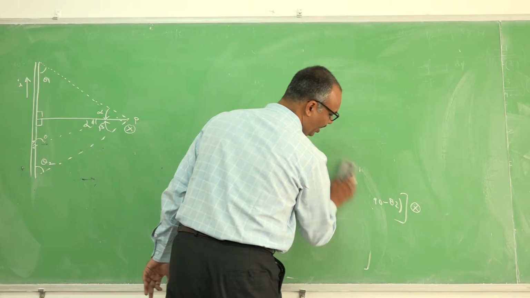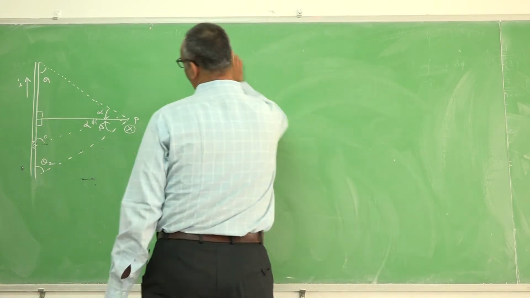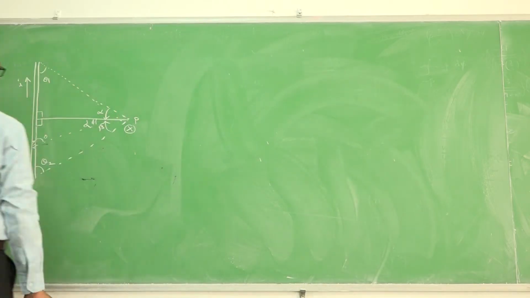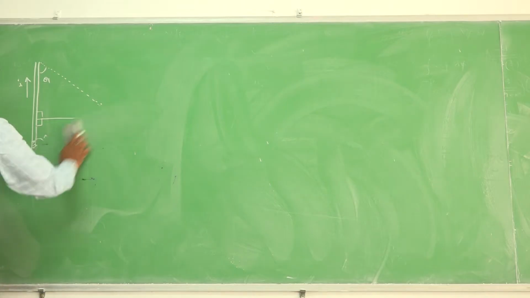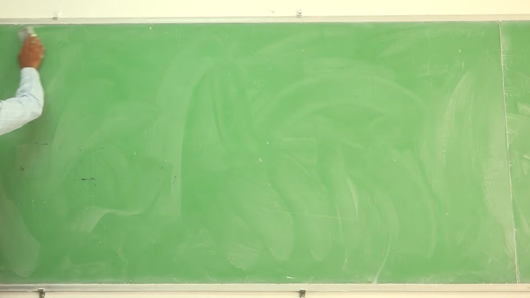If the particular point is exactly on the perpendicular bisector, what will be the strength of the magnetic field at that point?